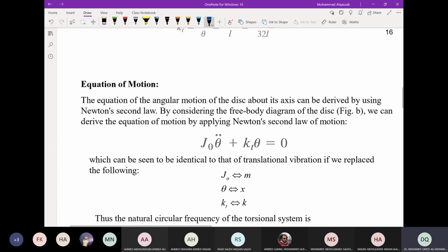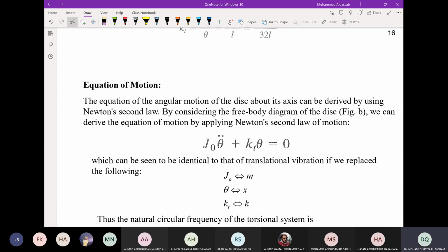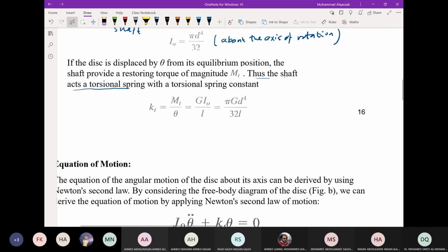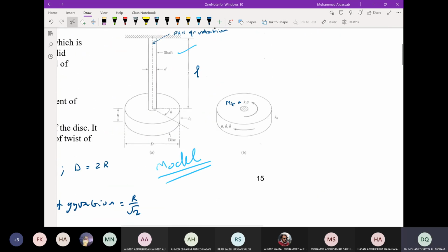Okay, so the equation of motion will be the sum of moments. We use the sum of moments here, which is Newton's second law in another form, for rotation. Let me write it here.